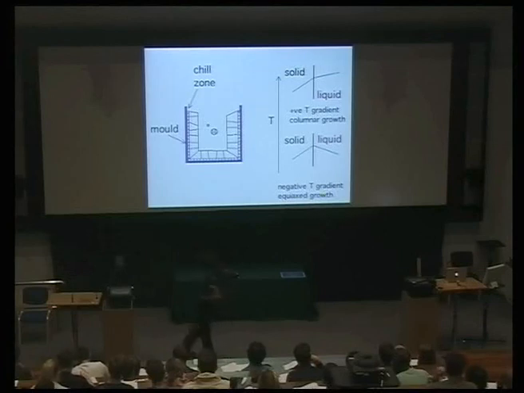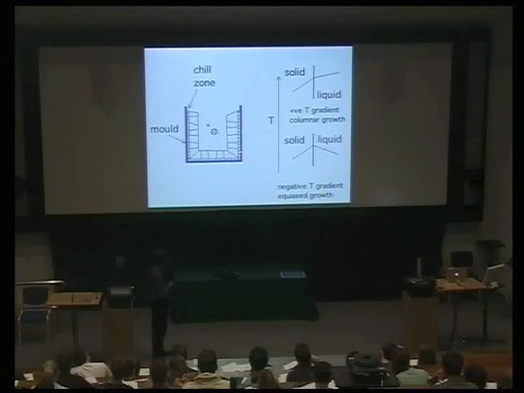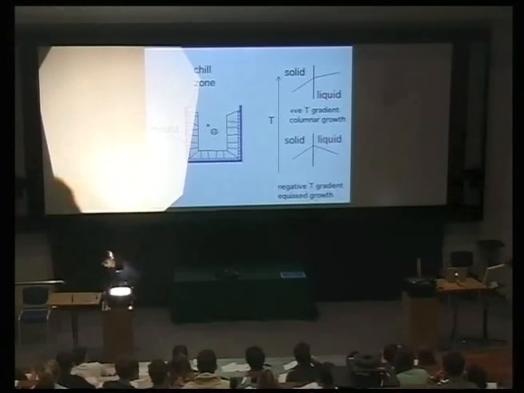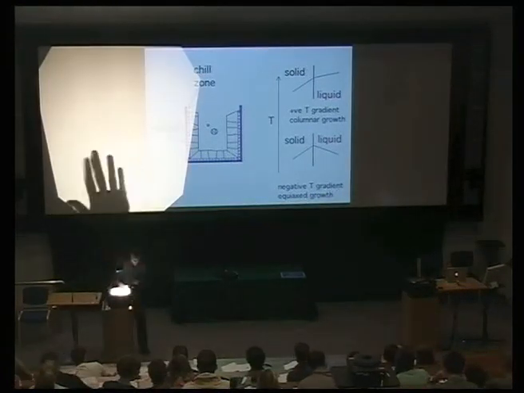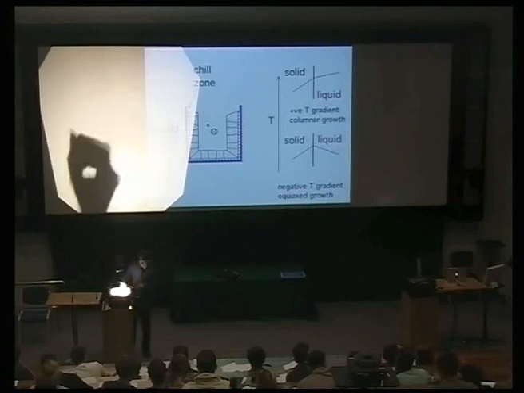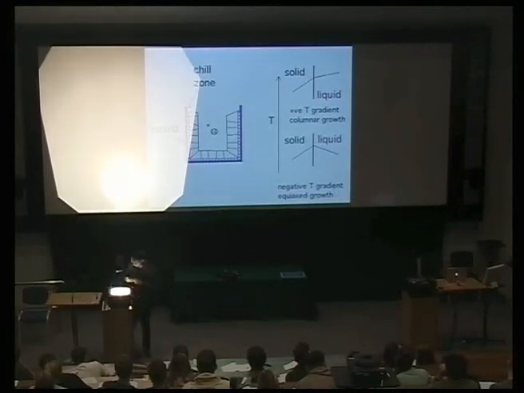Okay? So if that is the case, and this particular grain happens to be oriented so that its 100 direction is parallel to the direction of heat flow, then it will grow faster and stifle the growth of all the other grains. Okay? So if I just sketch that out, so this is our mold surface.